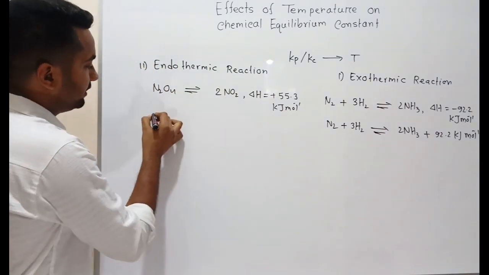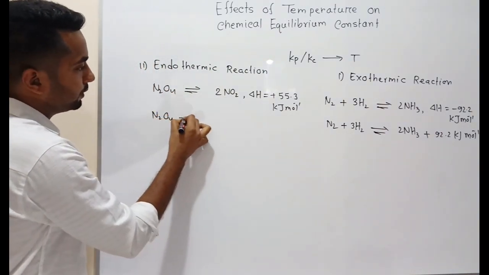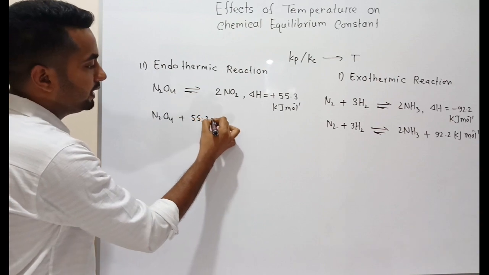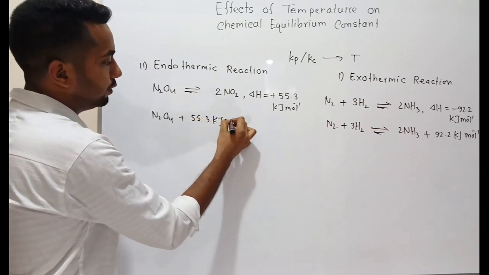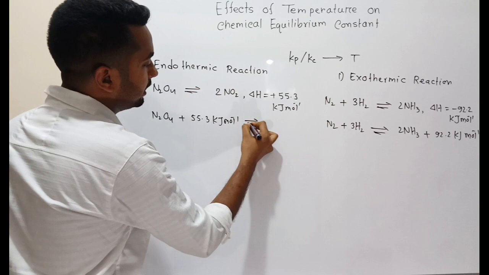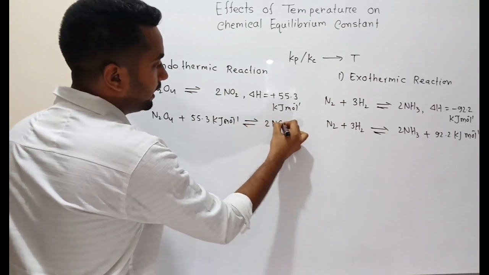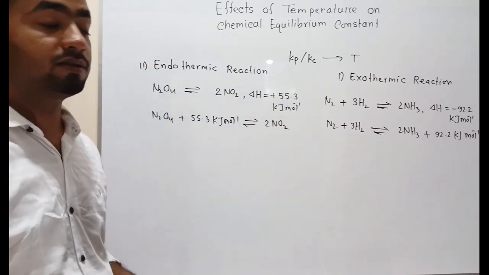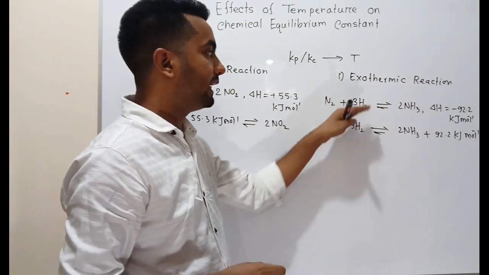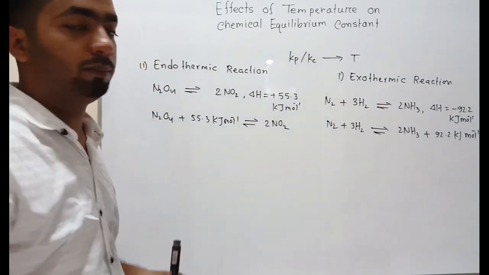This equation can be written as N2O4 plus 55.3 kJ per mole to react to 2NO2. So these are examples of exothermic and endothermic reactions.